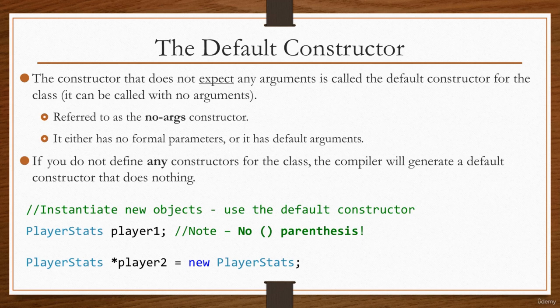And when that statement evaluates, a new object will be created on the stack, and then the state of that object will be initialized to what we specify in the constructor. So in this example, let's imagine we do not have a user-defined default constructor. So it's going to generate a default constructor that does nothing. Then we have this object player1 now, and the same thing in the next statement where we have player2, which is a pointer to an object of type playerStats on the heap.